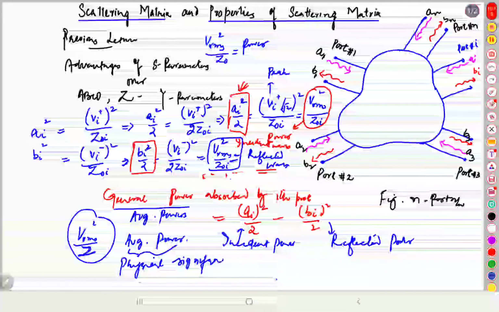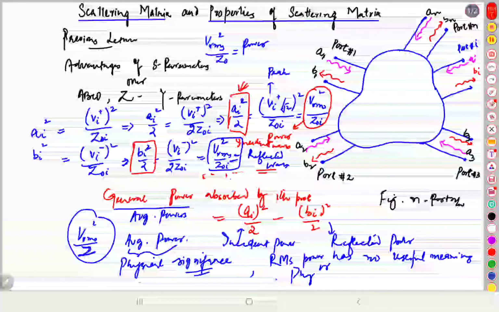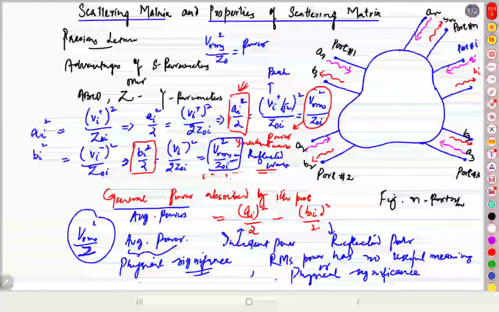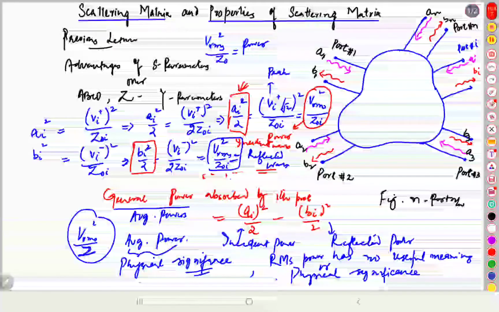The RMS power that we sometimes use has no useful meaning or physical significance, other than being a quantity that can be calculated as an exercise.